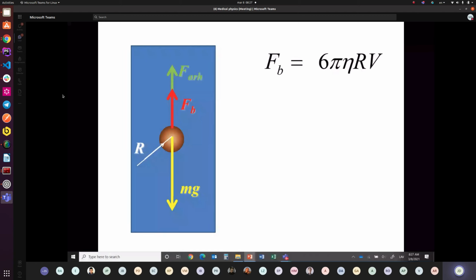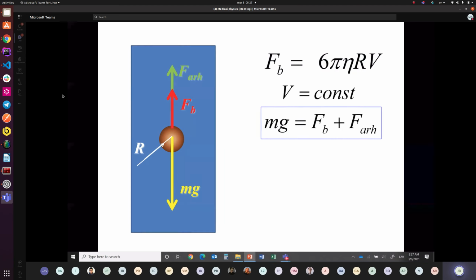So next, there is an Archimedes force trying to push up this sphere. The Archimedes force may be calculated if you know the density of the liquid. So that is why there is a weight, a friction force, and the Archimedes force.